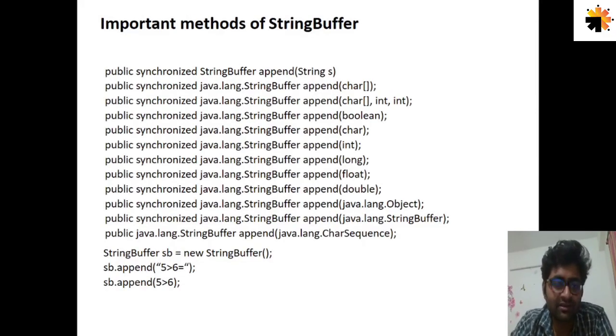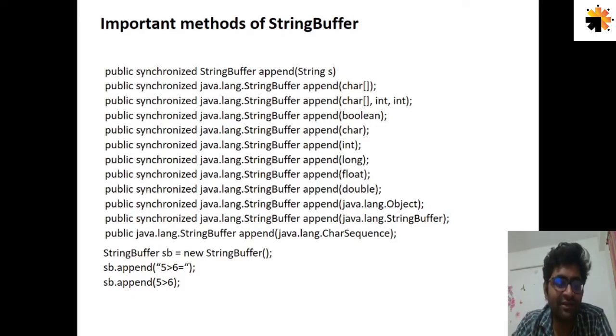So these are a few methods inside the string buffer, which is the append method. We can use it in different ways with different parameters, method arguments. So sb dot append of 5 greater than 6 equals, if I give it inside the double quotes, then it will be taken as a string.